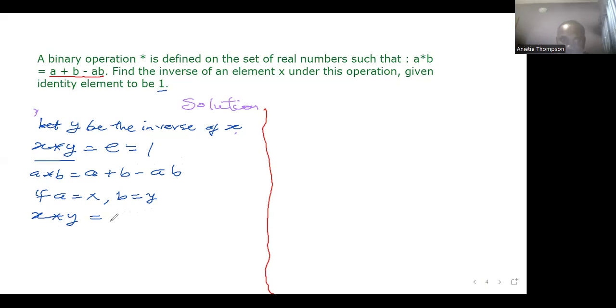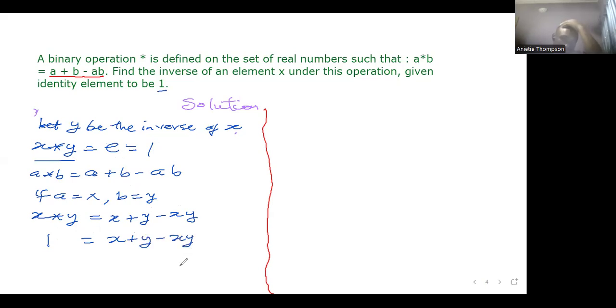That means every place you see a, you replace it with x. You have x plus, every place you see b, replace it with y, minus xy. But from the definition above, x asterisk y is an identity element and is equal to 1. So 1 equals x plus y minus xy.